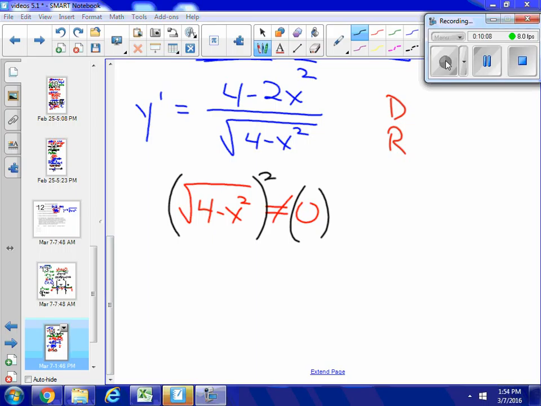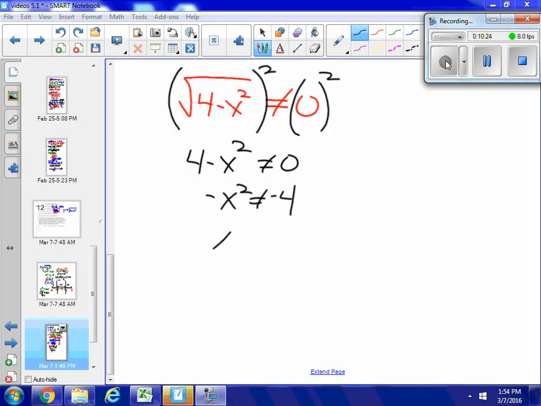I'm going to square both sides. So I have 4 minus x squared cannot be equal to 0, because 0 squared is 0. I have negative x squared cannot be equal to negative 4, which is the same thing as x squared cannot be equal to 4. I multiply both sides by negative 1.